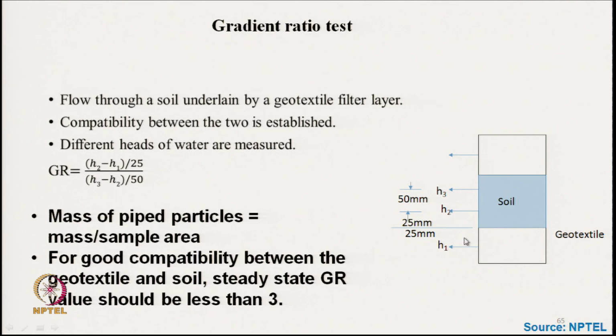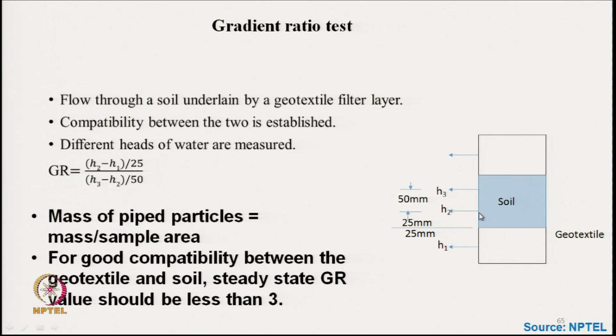Here in this system, this is the soil flow rate, with the depth of soil being 50 millimeter, and pressure head is measured, that is H1. Here it is water, and water is flowing from this side.